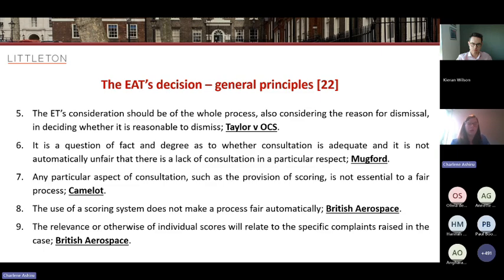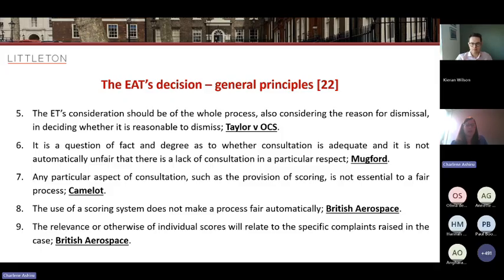The tribunal should look at the whole process, not just any particular part of it. And it's a question of fact and degree as to whether consultation is adequate. So a failing in one aspect does not necessarily mean consultation overall is unfair. It must be looked at in the round.